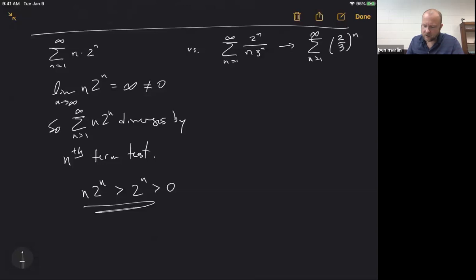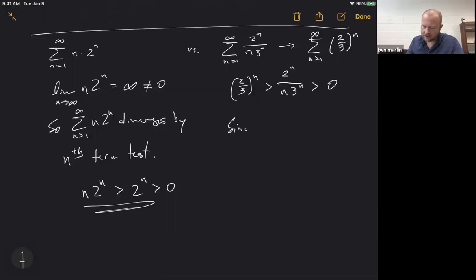And so since 2/3 to the nth power would be greater than this, and I need you to spot there, we're multiplying something bigger than 1 in the denominator, and that makes the denominator bigger, which makes the fraction smaller, okay?